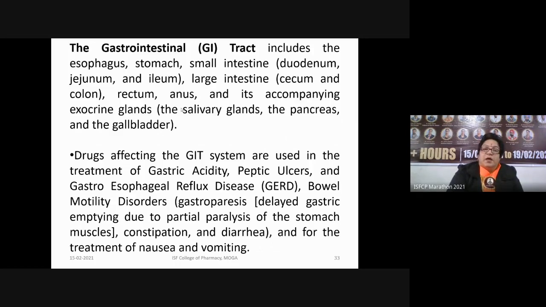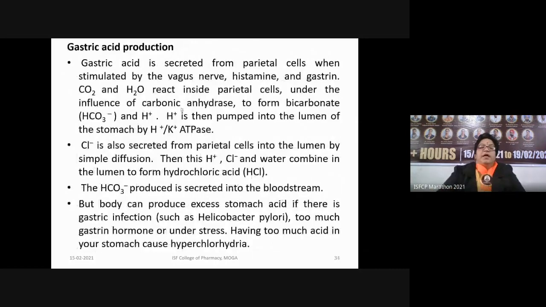Now let us discuss gastric acid production. What is gastric acid production? Gastric acid is secreted from parietal cells when stimulated by the vagus nerve, histamine and gastrin. Again I will repeat, gastric acid is secreted from the parietal cells when stimulated by the vagus nerve, histamine and gastrin.